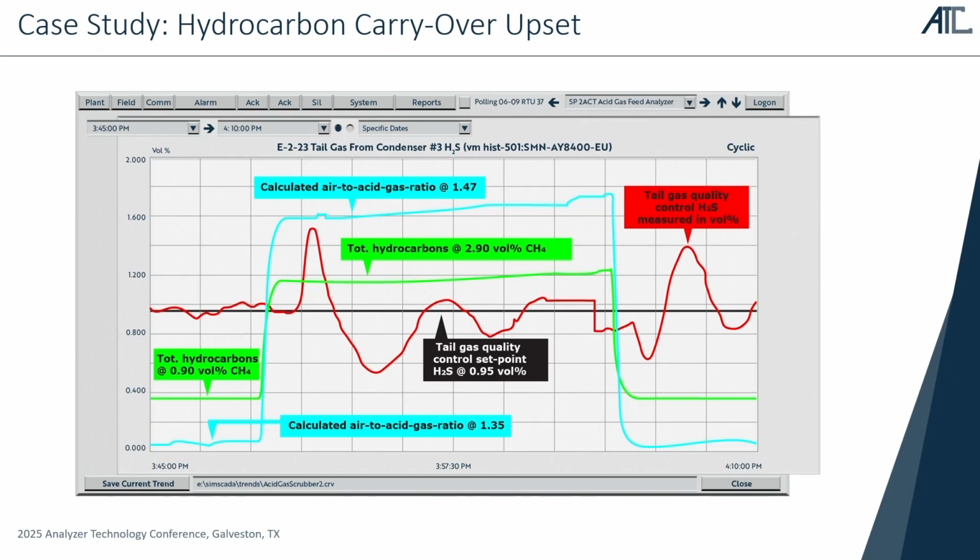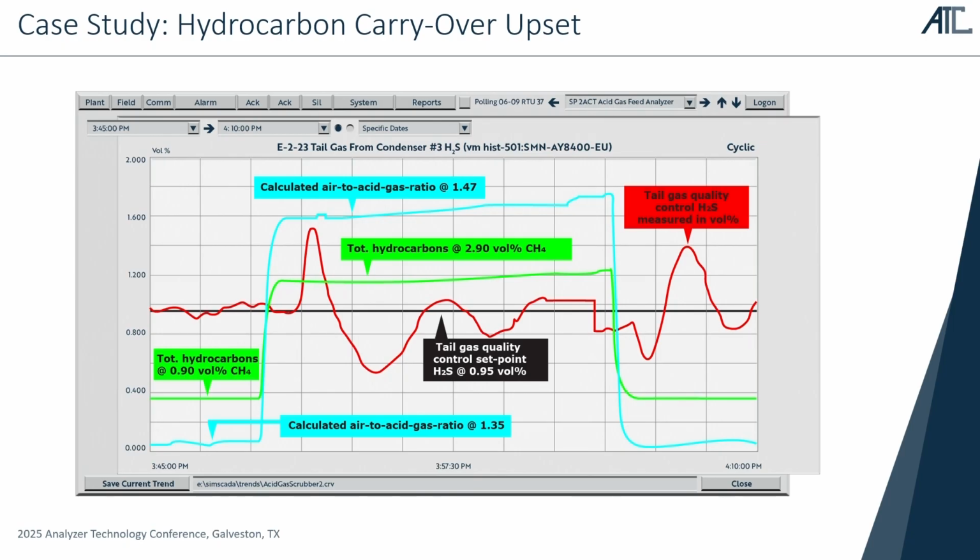So what we were allowed to do here, as part of an installation at a plant that had frequent upsets with hydrocarbon in the feed gas, this being a gas plant where multiple wells on a daily basis were either connected or disconnected, resulting in significant feed gas variations that operators have to deal with, not knowing or not being told which wells were shut in or which were opened, such that they had no clue of what was coming in.